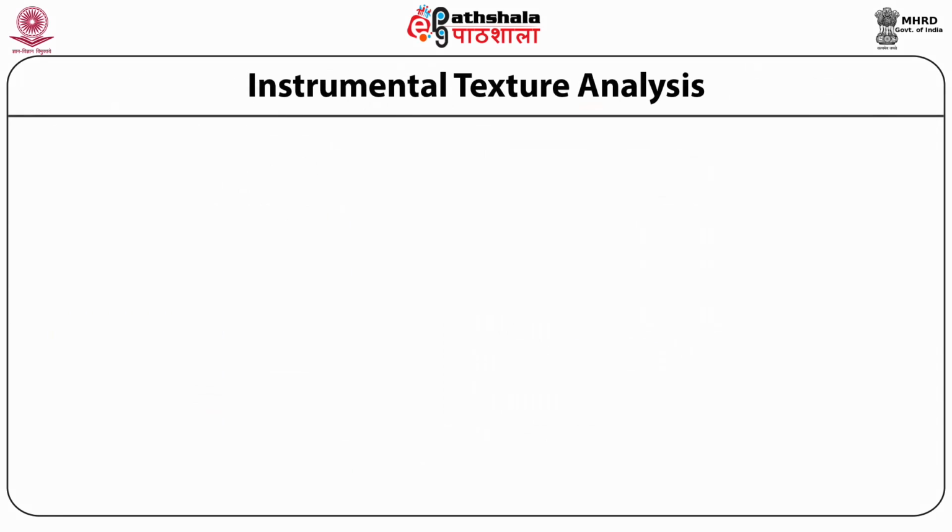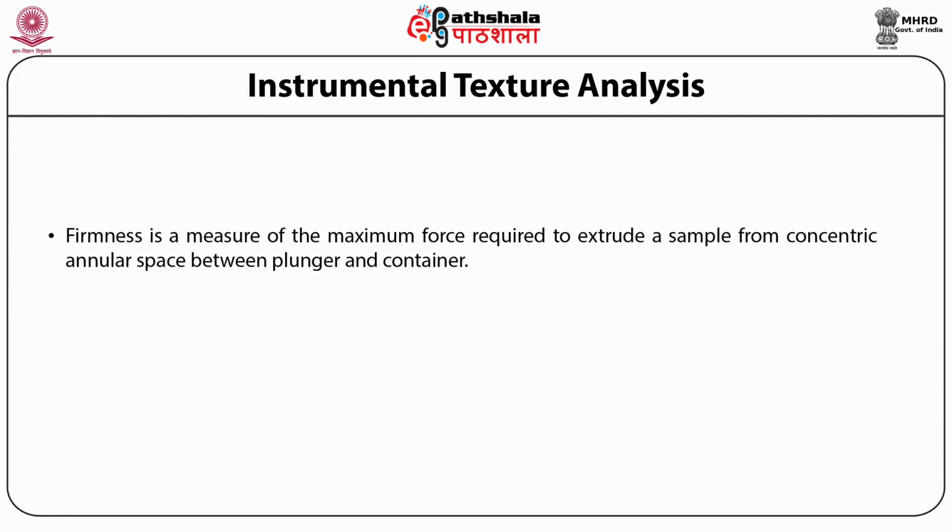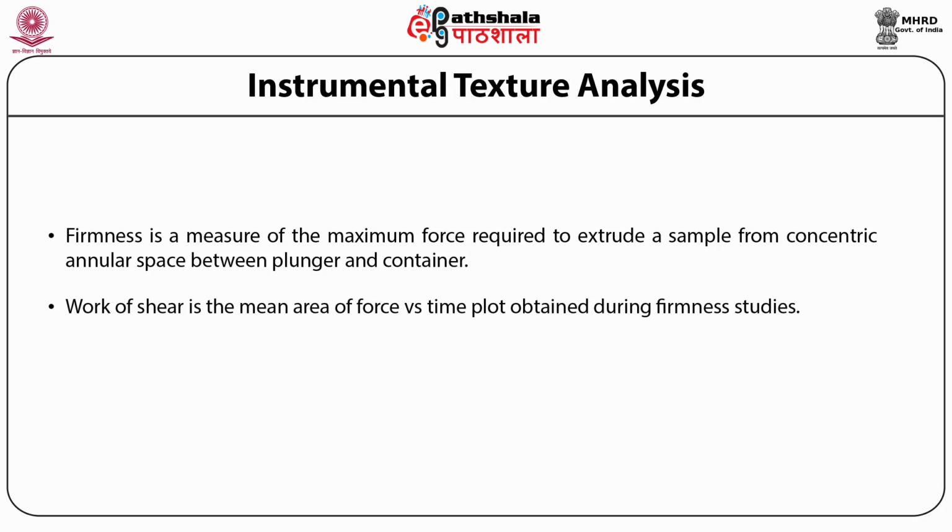Firmness is a measure of the maximum force required to extrude a sample from a concentric annular space between the plunger and the container, whereas the work of shear is the mean area of the force versus time plot generated during the firmness studies.